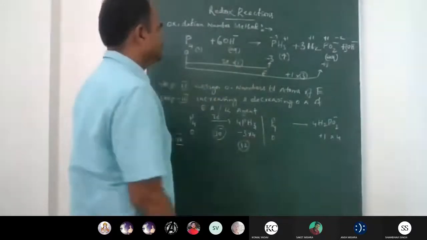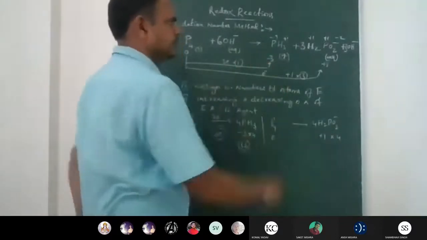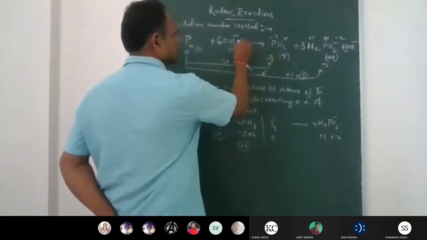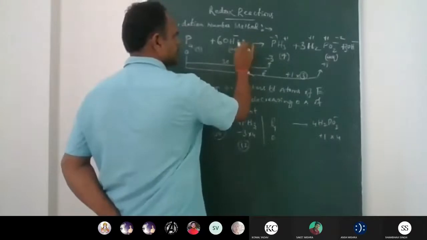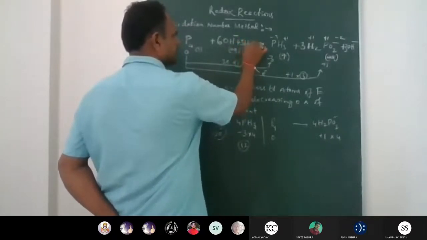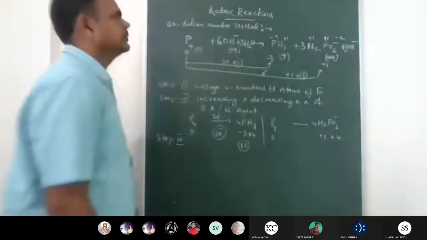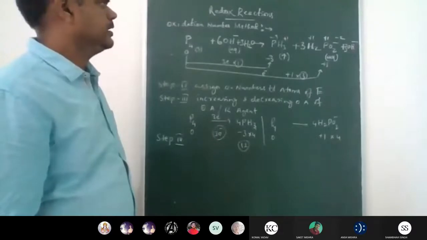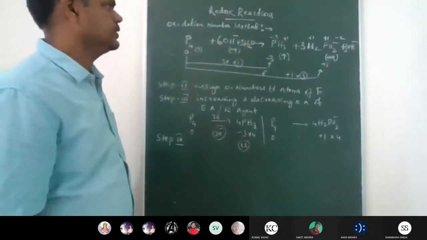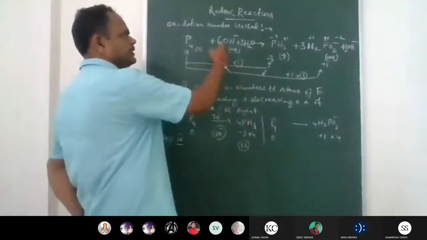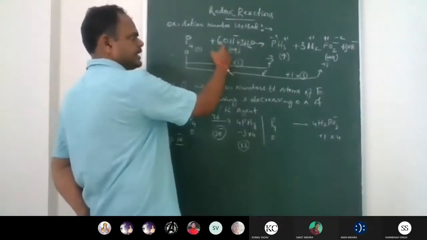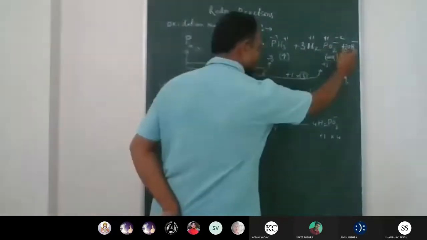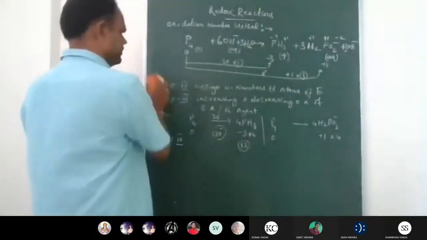To balance the hydrogen atoms, if you bring 3 extra OH minus ions, then I add 3 H2O water molecules on the other side. From the 6 OH and the 3 OH, 3 OH cancel.